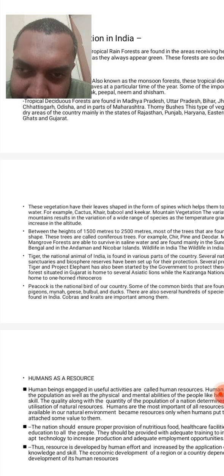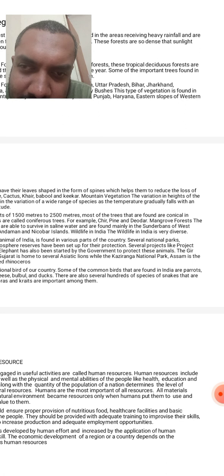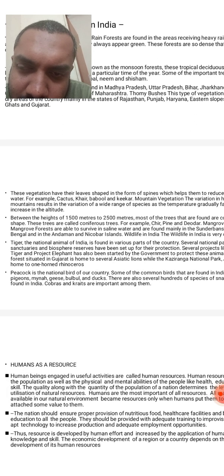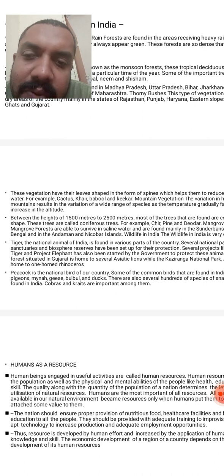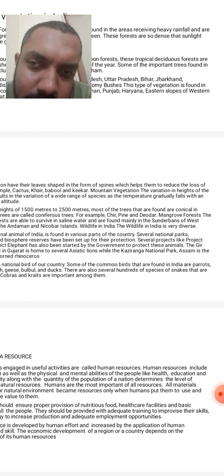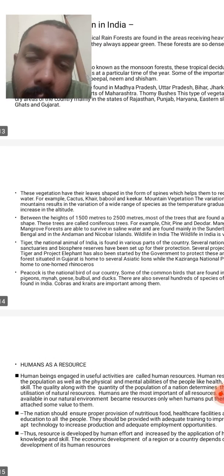These vegetations have their leaves shaped in the form of spines, which helps to reduce the loss of water. For example, cactus, kher, babul, and kikar. Between the heights of 1500 meters and 2500 meters, most of the trees found are conical in shape.